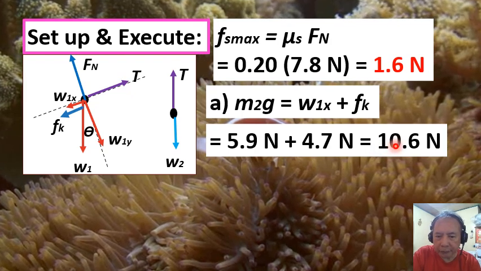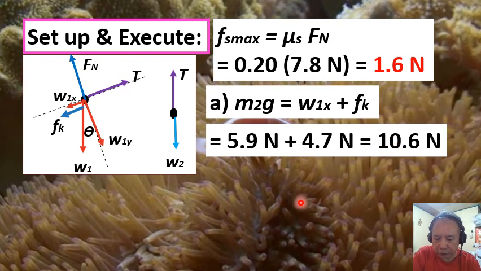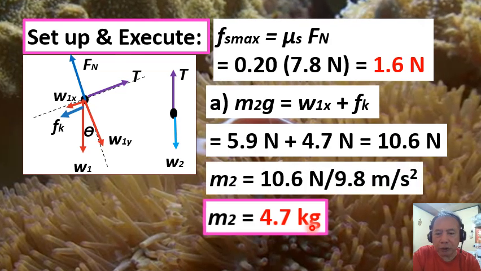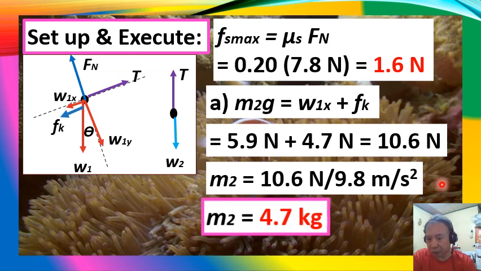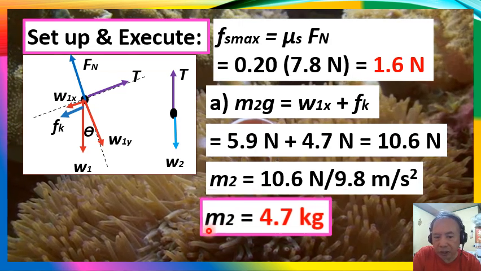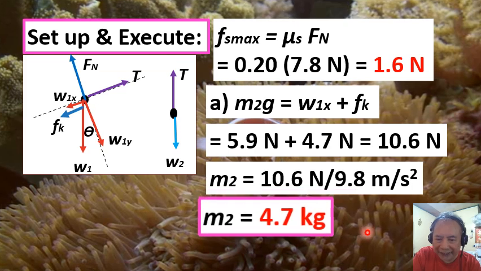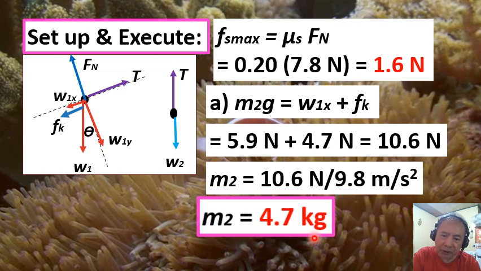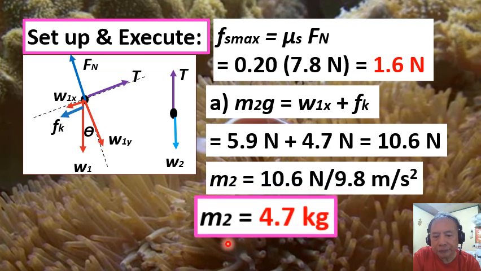Since it's the mass that we are after, we just divide 10.6 newtons by acceleration due to gravity, 9.8 meters per second squared. Hence, we get the value of the mass M2 equal to 4.7 kilograms. So this is the mass for the hanging block.